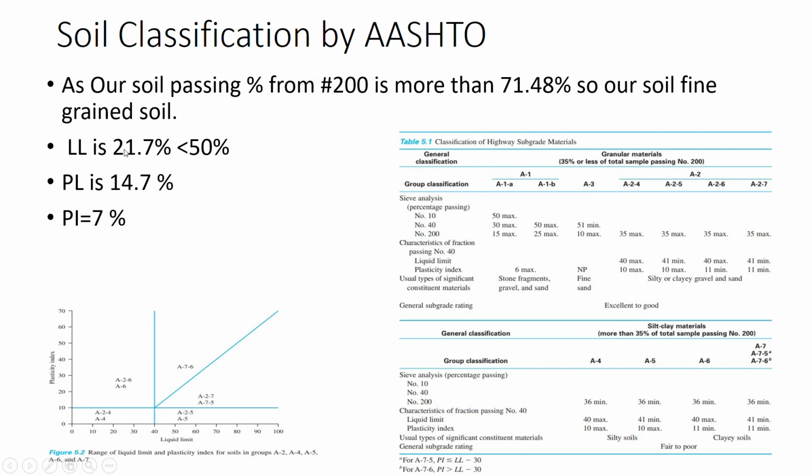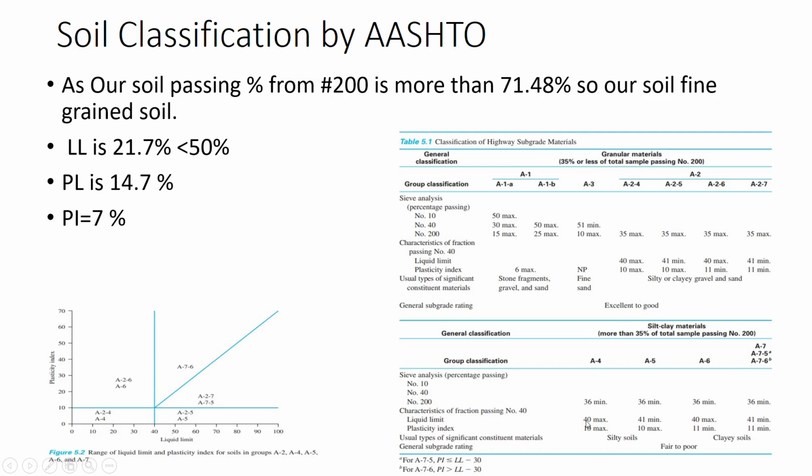Similarly, the liquid limit is around 21.7%. As you can see, this is the upper limit. So this group is covering it, this group is not covering it because it requires the minimum. This group is also covering it because it is the upper limit, and this group is not covering it because it is the lower limit. Now we are going for the PI.